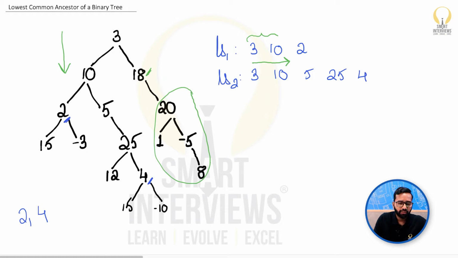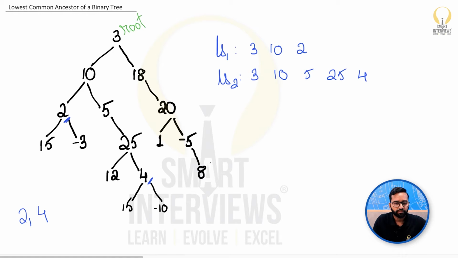And if you look at all of these nodes, 18 is ancestor for all of them. Even 3 is ancestor for all of them. So in short, the root node is ancestor for all the nodes of the given tree.